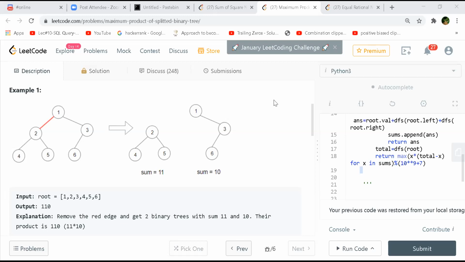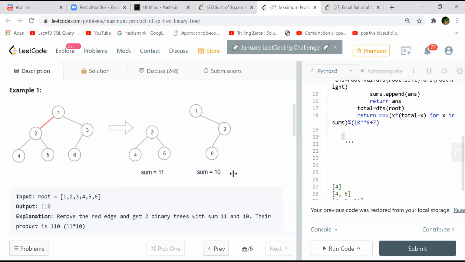If you put everything in something like an array, then you know what the total is for a particular subtree, and then use the way you are saying. But the way you are doing is also right because then you are not using extra space, and still you are doing it in O of n. Correct. But I'll use your approach only.